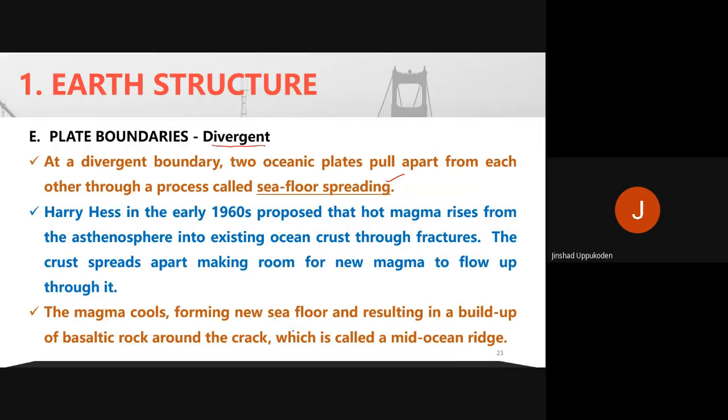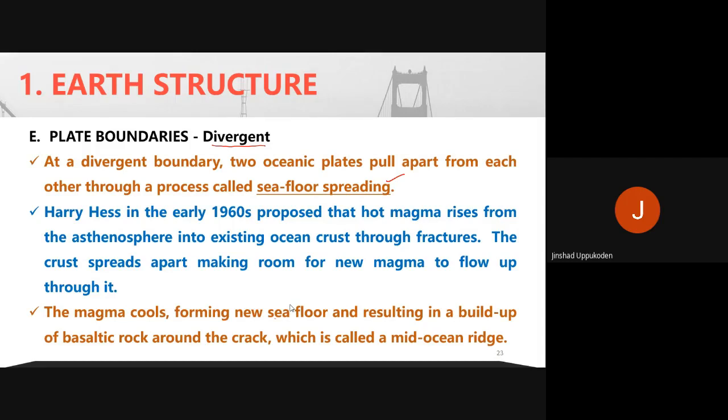New sea floor is created in that area, and the sea floor is usually made of basalt. The volcanic material is basalt. That is why, as I told you in the first slides, oceanic crust is usually made up of basaltic material, while continental crust is usually made of granite.